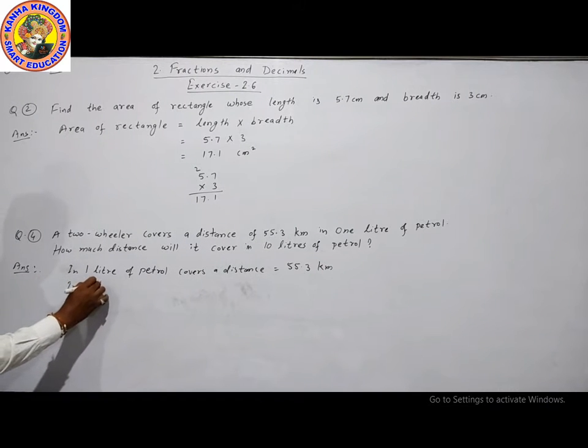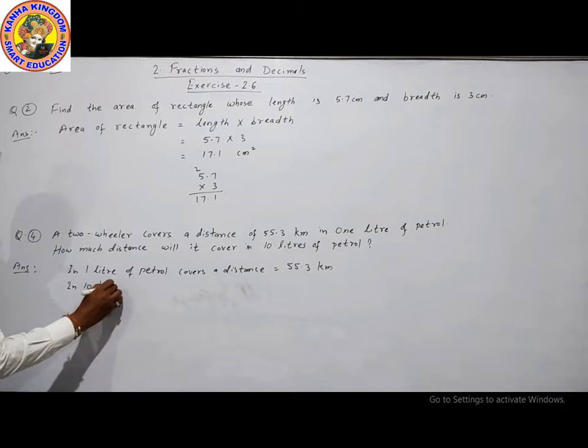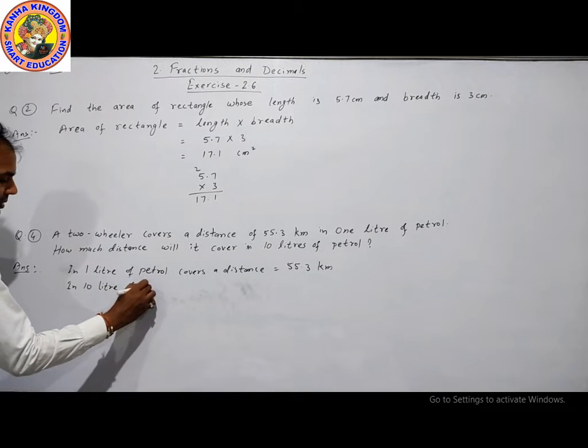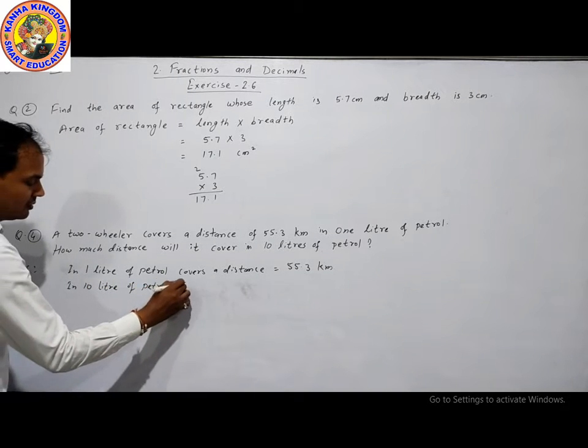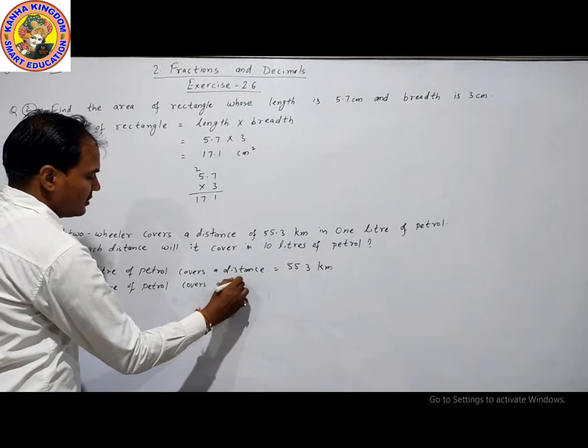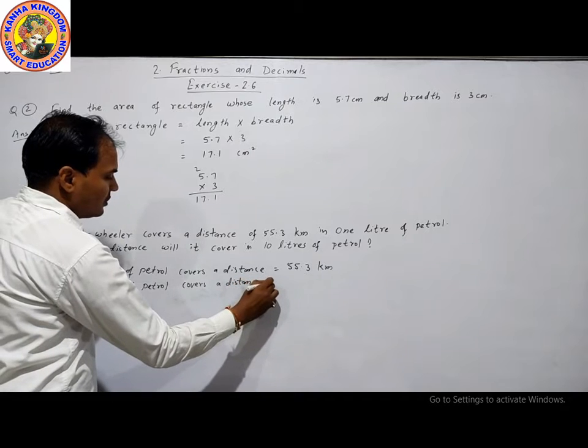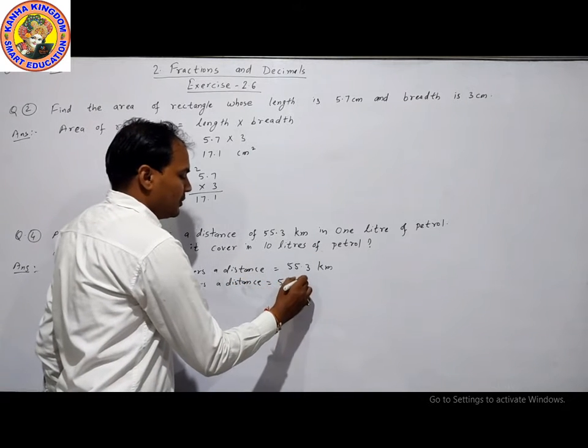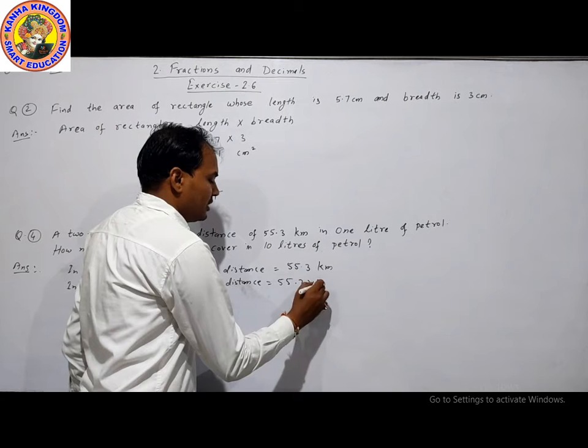In 10 liter of petrol, the distance covered is equal to 55.3 into 10.